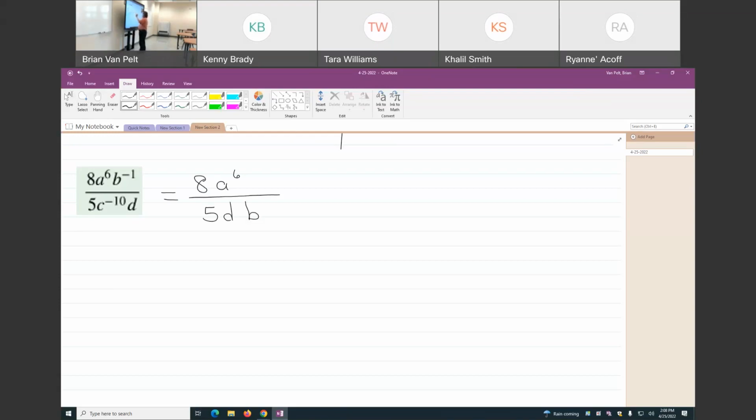B to the 1 comes down here. C to the 10. On the bottom, they may put the B first, just for alphabetical purposes. You're just moving the things that have negative exponents. Everything else stays put.